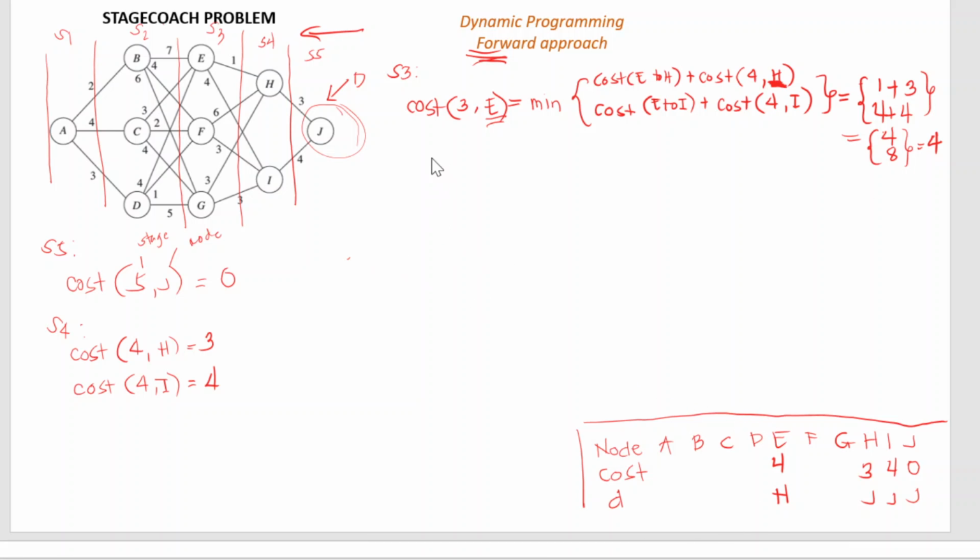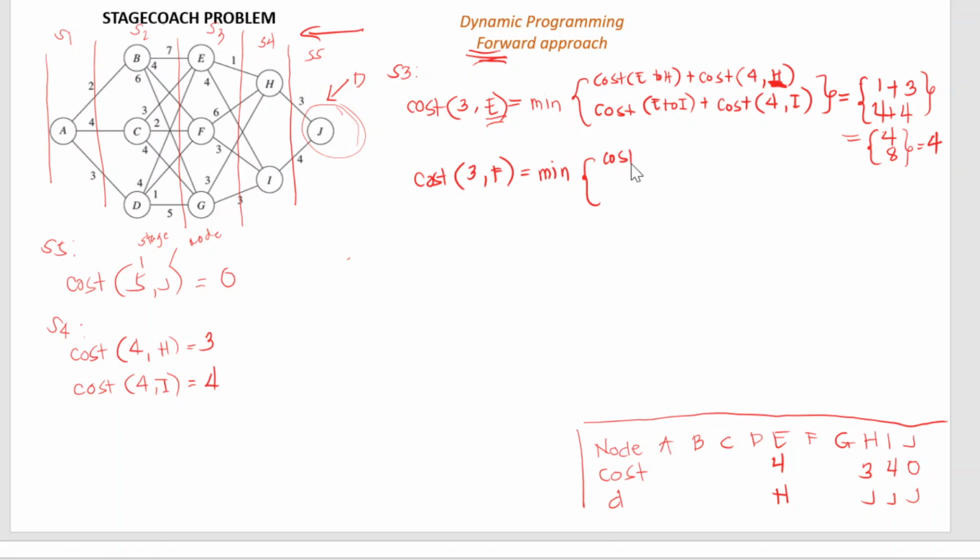Next, let's analyze the cost of 3F. Let's check what is connected to it. H and I are connected to it again.